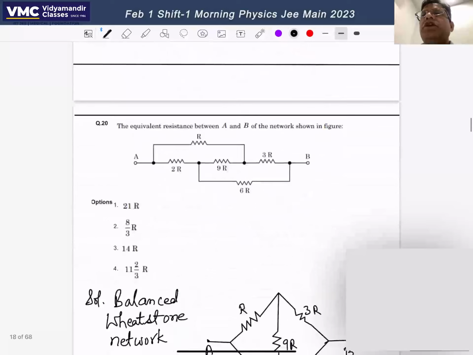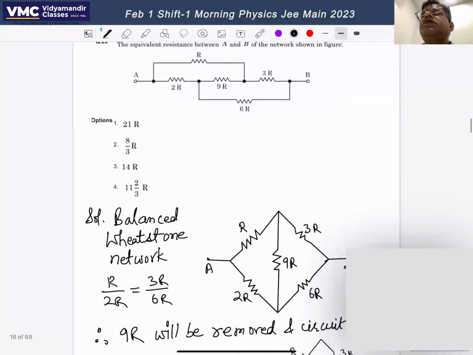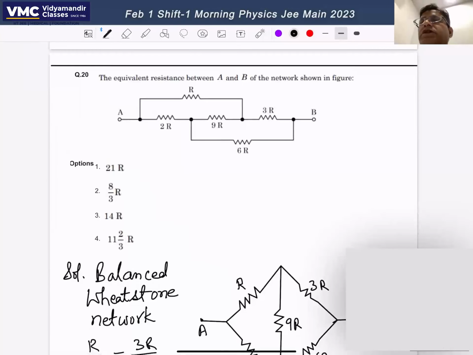Question number 20. The equivalent resistance between A and B of the network shown in the figure. Here we see that it is a Wheatstone bridge having 5 resistances.